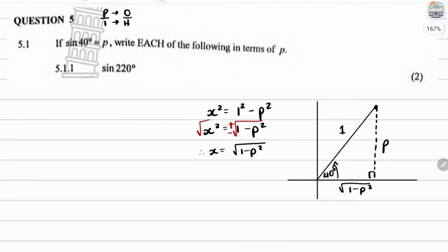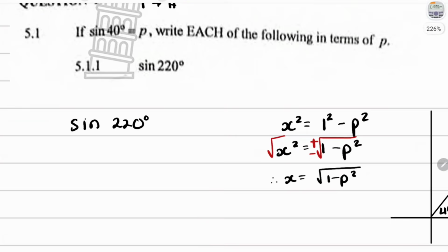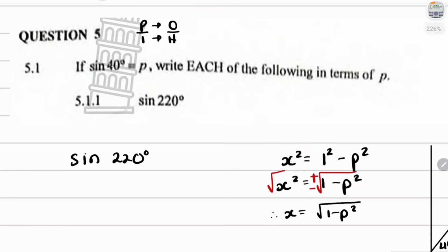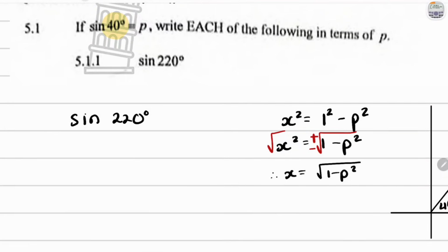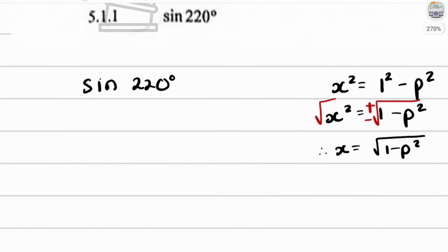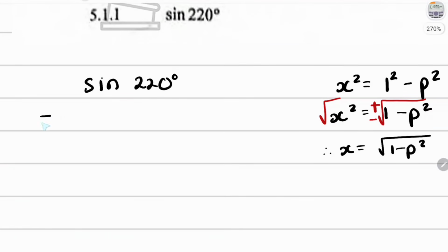Now that that is complete, we can solve for what they asked for: sine 220 degrees. Remember, the reference angle they gave you was 40 degrees, so everything just needs to relate to 40 degrees. Now we have an angle that is quite big, so you can reduce it using your reduction formula.